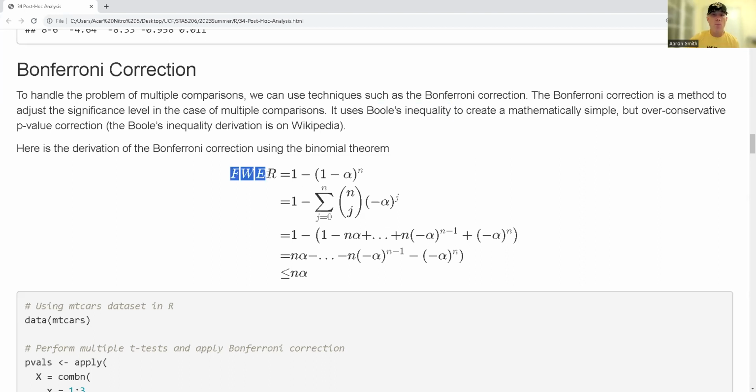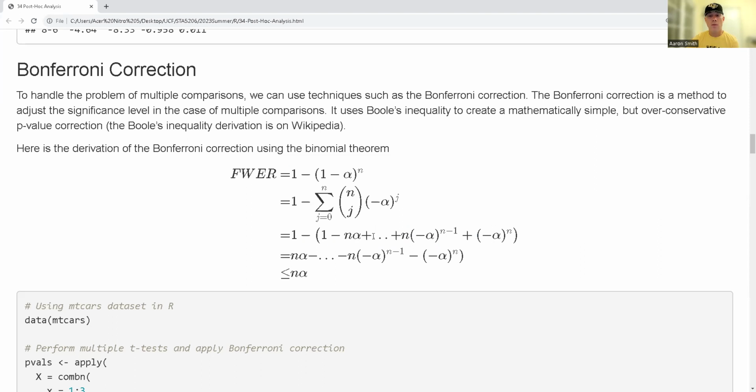So if we take the family-wise error rate, the formula we just had, I recognize that this is a binomial. So let's go ahead and use the binomial theorem. Let's expand out that summation. And now I'm going to distribute that negative sign. When I do that, the negative one cancels with the 1.